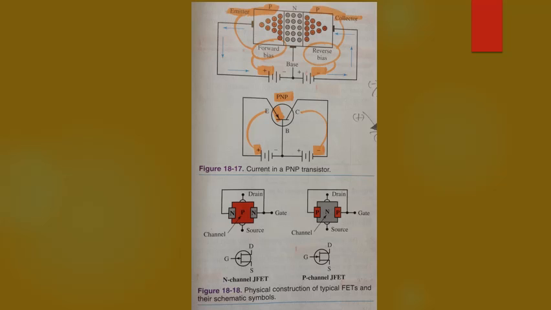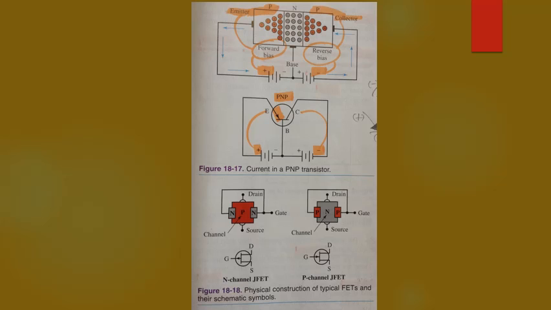A FET controls current in the source drain circuit by the amount of potential applied to the gate. There are two types of FETs, the junction field effect transistor or JFET, and the metal oxide semiconductor field effect transistor or MOSFET. First, we will look at the JFET.